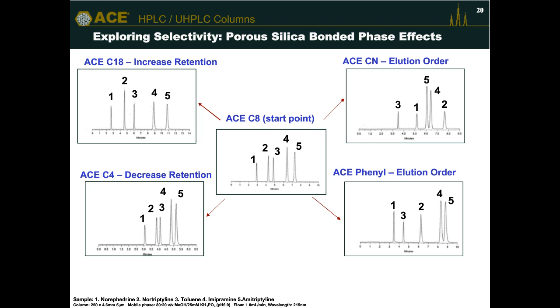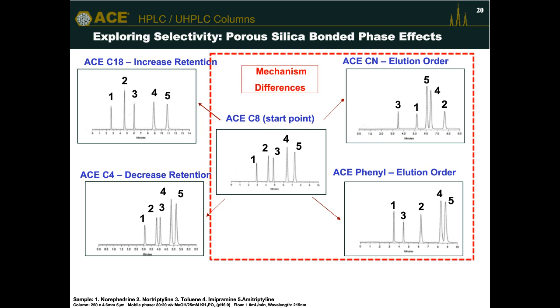And those different interactions then give us big changes in elution order. So instead of my analytes here coming out 1, 2, 3, 4, 5, they are eluting 3, 1, 5, 4, 2 on a cyano phase, and 1, 3, 2, 4, 5 on a phenyl phase. And that's because you've got different mechanisms of interaction.